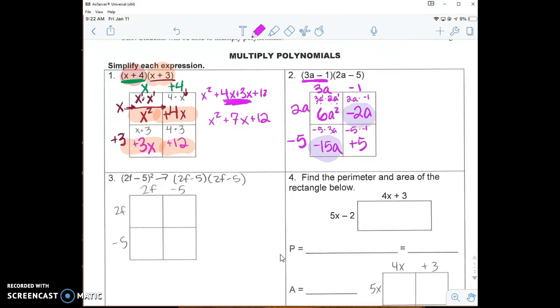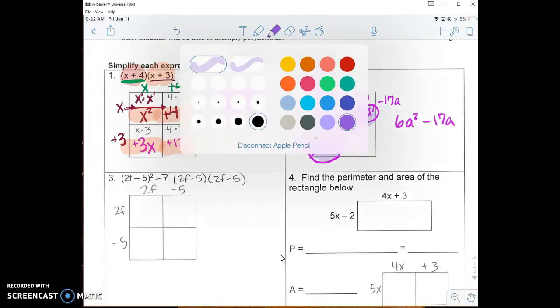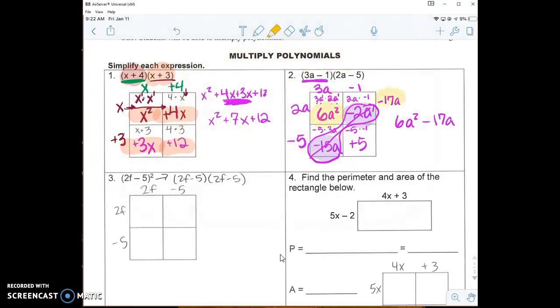So I can combine these before I ever write it down. Negative 15 and negative 2a makes negative 17a. So now we have 6a squared minus 17a plus 5.